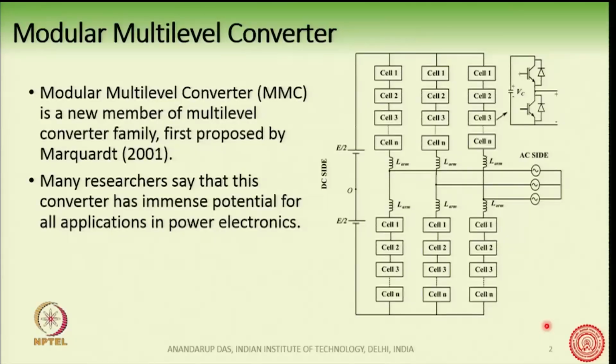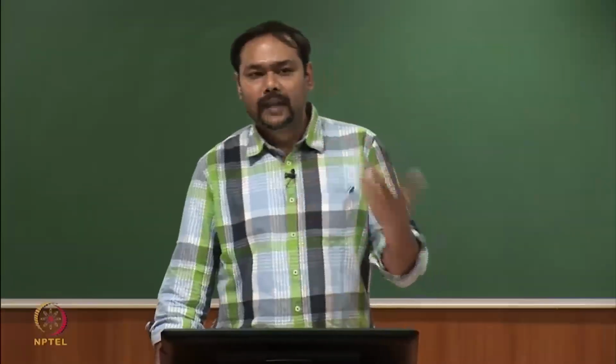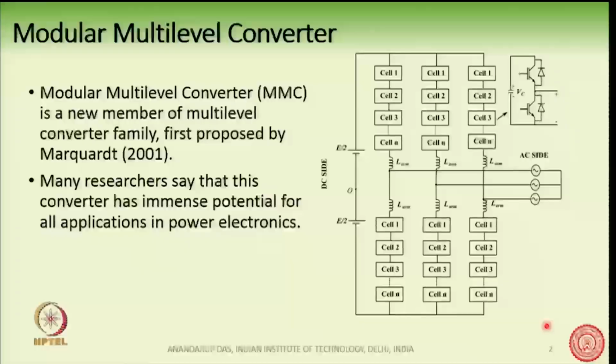However, one company saw the potential of the converter and started plans to commercialize it. Around 2007-2008, based on this converter, the first high voltage DC transmission was commercially launched. When it was launched, there was a lot of enthusiasm and a lot of activity on this converter.